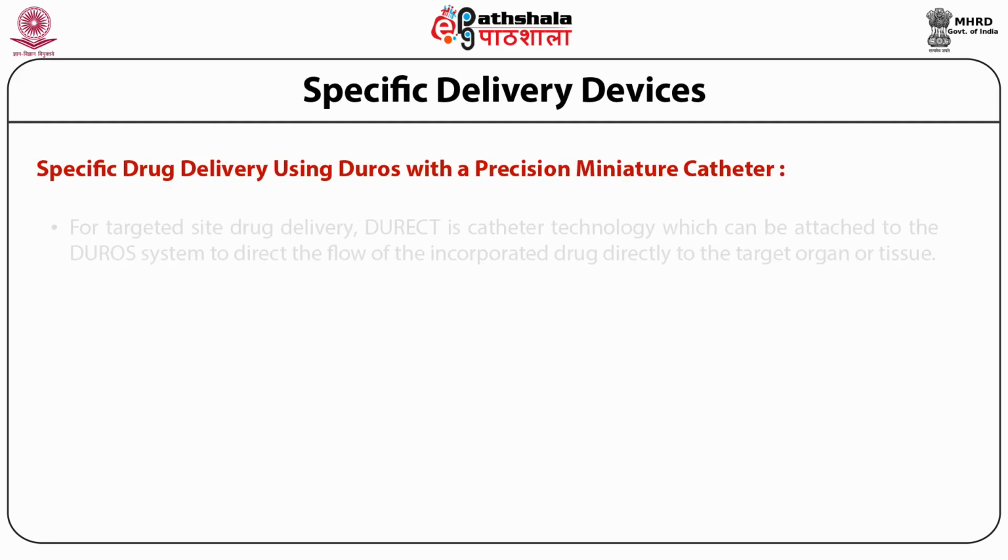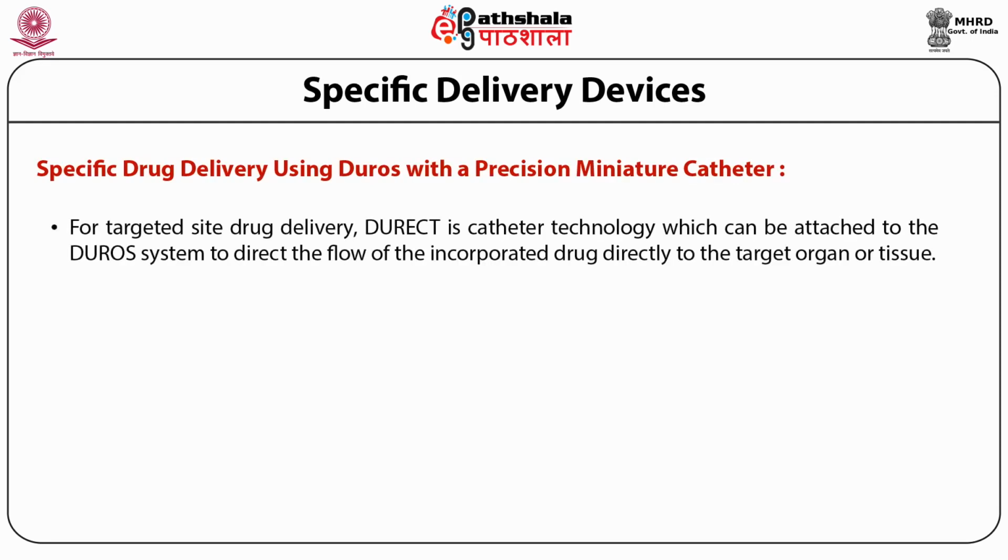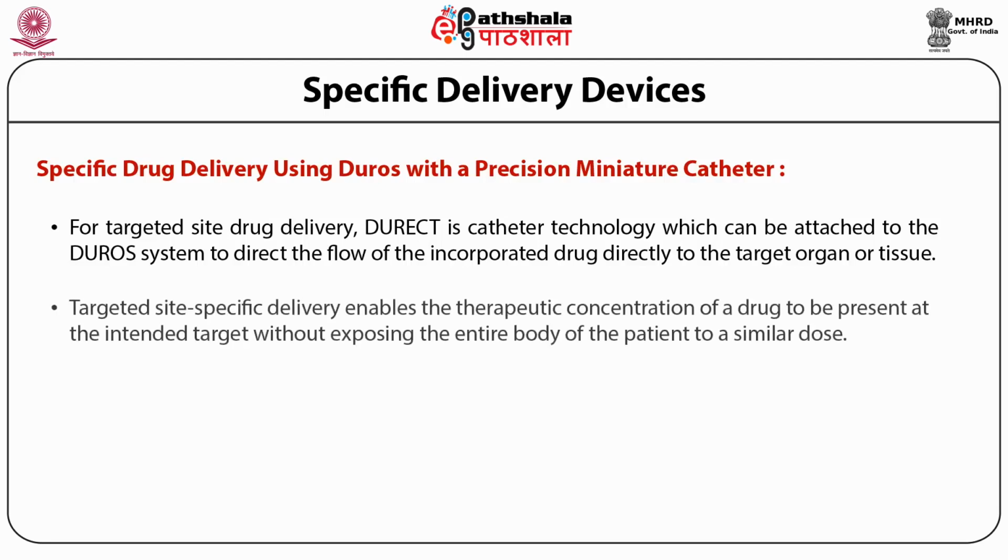In this one, for targeted site drug delivery, the direct catheter technology can be attached to the Doros. These are patented technologies, and that's why you see names typical to that particular company. It is attached to the Doros system to deliver the flow of the incorporated drug directly to the targeted organ and tissue.